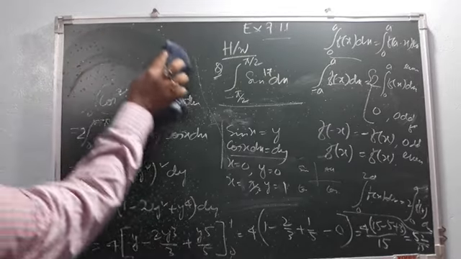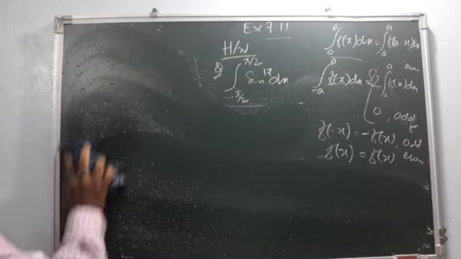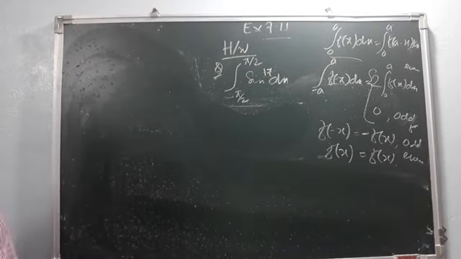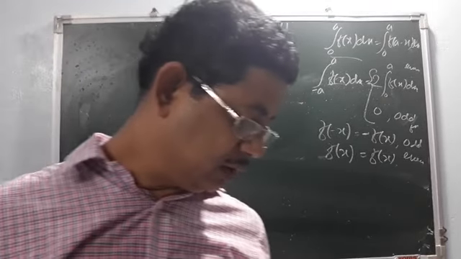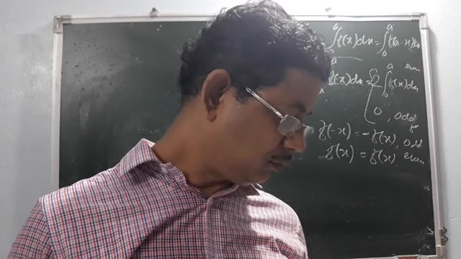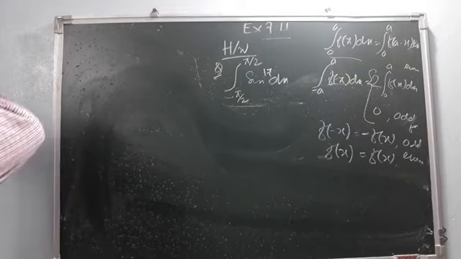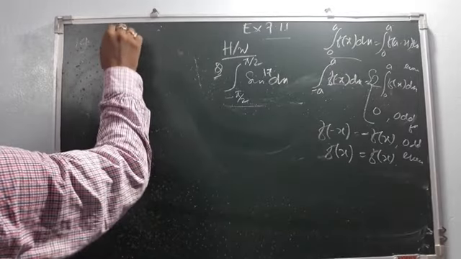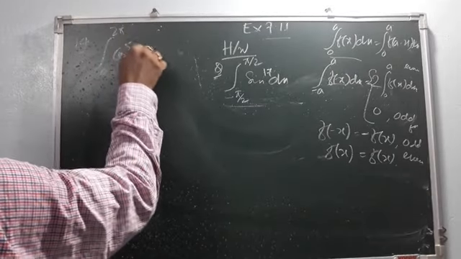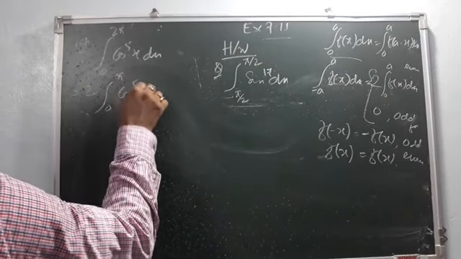Now the next question. But I want to do the same thing in a different way. We can also write the integral from 0 to 2π of cos 5x dx as 2 times the integral from 0 to π of cos 5x dx.